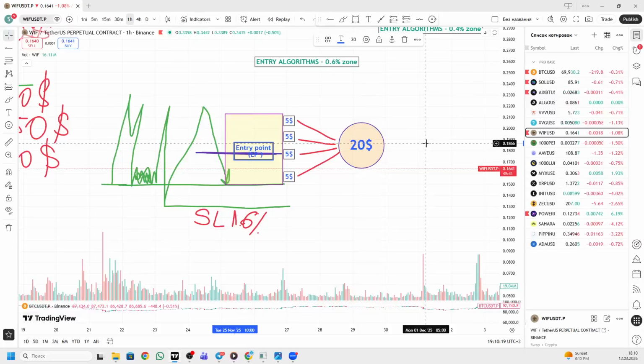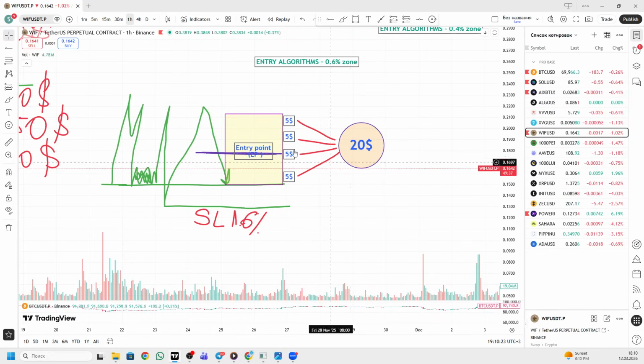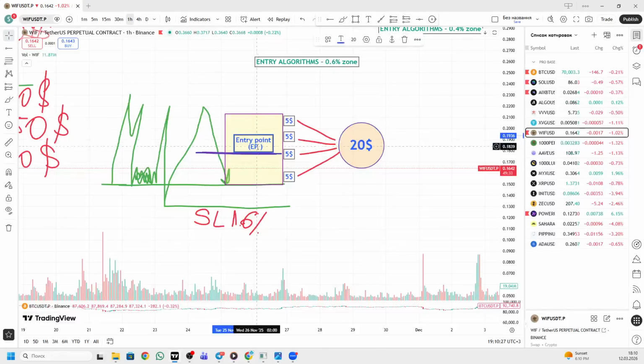Entry point. It's like this. So it will be approximately 0.3%. It will move down.